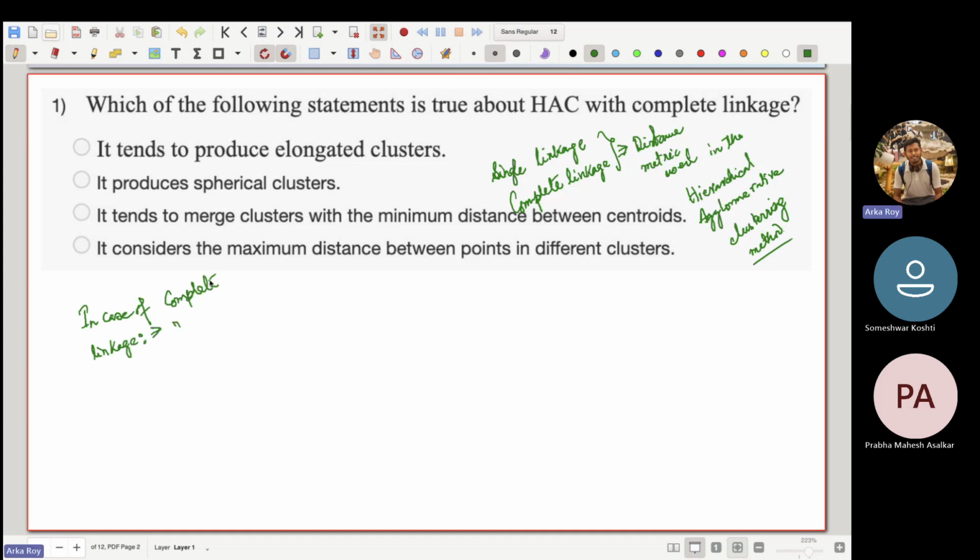So what do we basically mean by complete linkage? If we get to know what complete linkage is, that is basically the answer to this particular question.